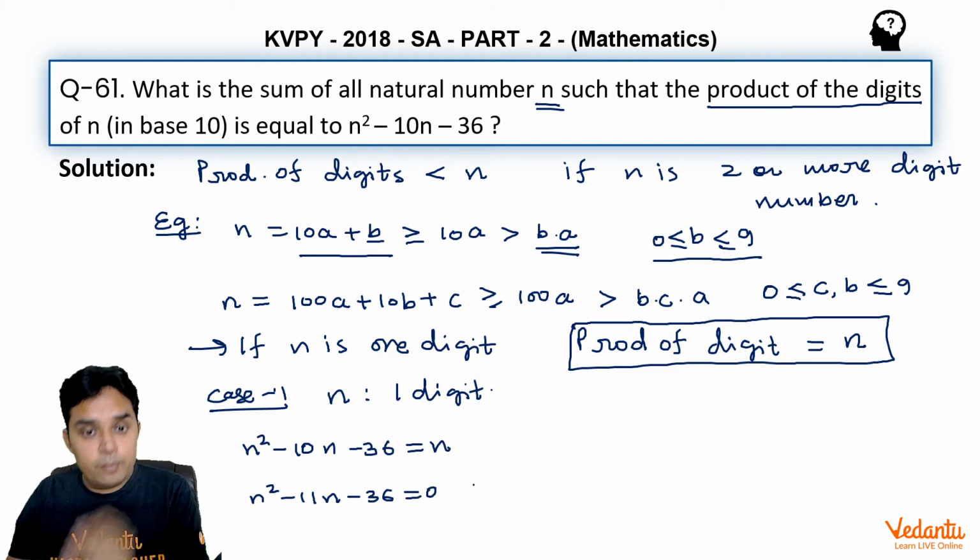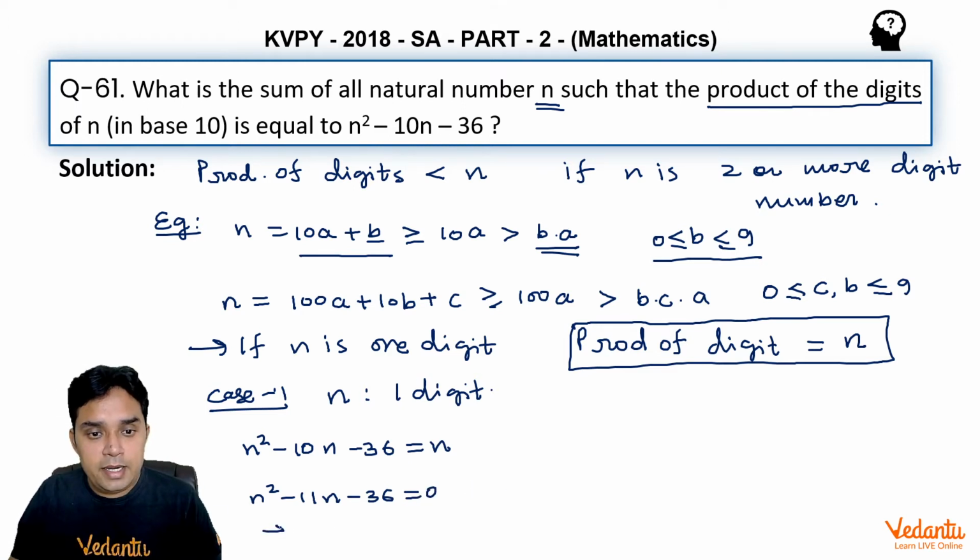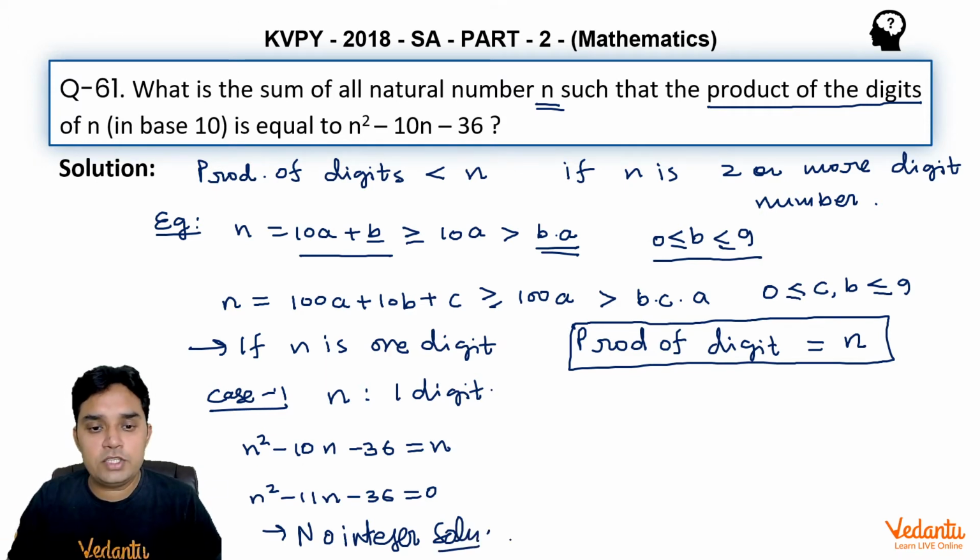If we simplify it, we can see that it has no integer solutions. It can be checked by seeing that D is not a perfect square. That means there is no chance that a one digit number satisfies this given condition.